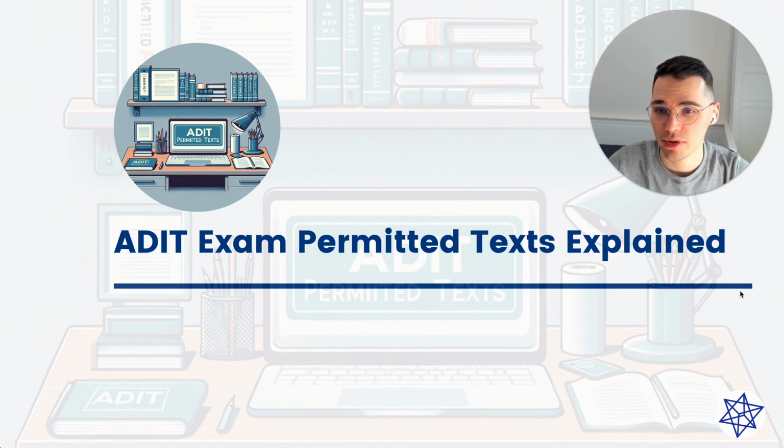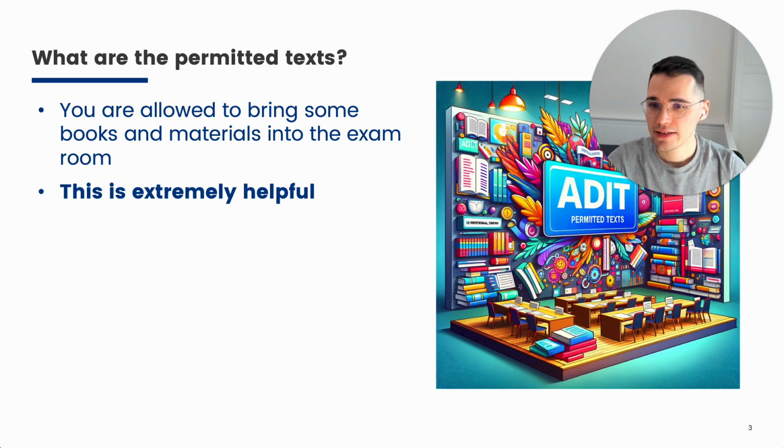But for me, for example, I'm coming from an economics and finance background, and that was pretty interesting. So in short, ADIT-permitted texts are books and materials that you are allowed to bring and use during the exam.